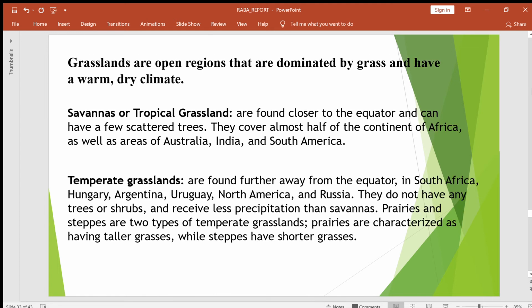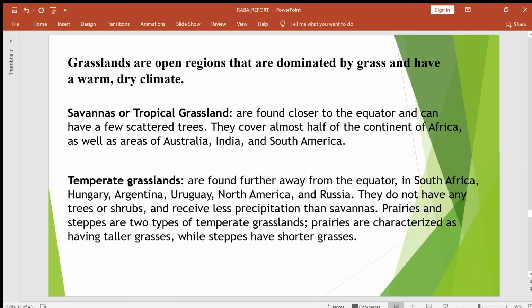Grasslands are open regions that are dominated by grass and have a warm, dry climate. There are two types of grasslands. Savannas, or tropical grasslands, are found closer to the equator and can have a few scattered trees.